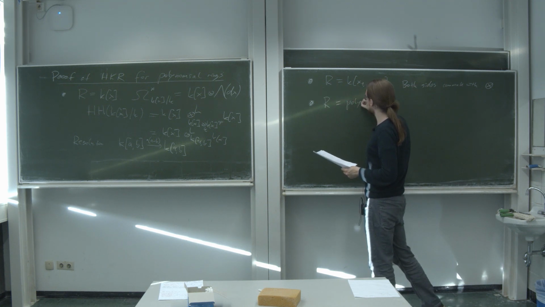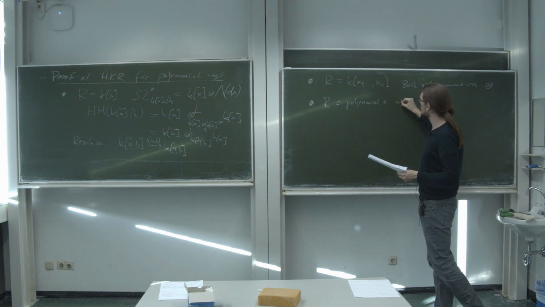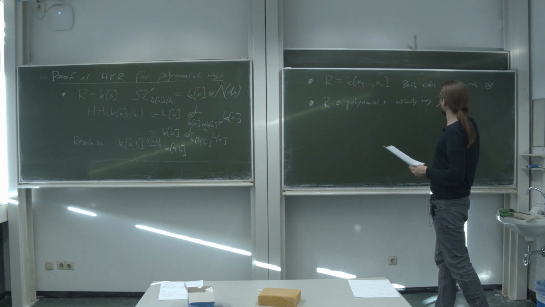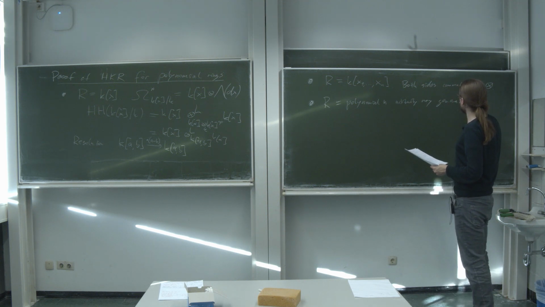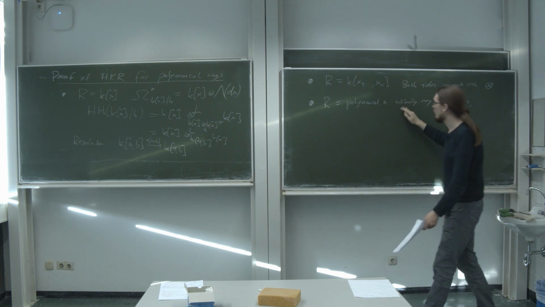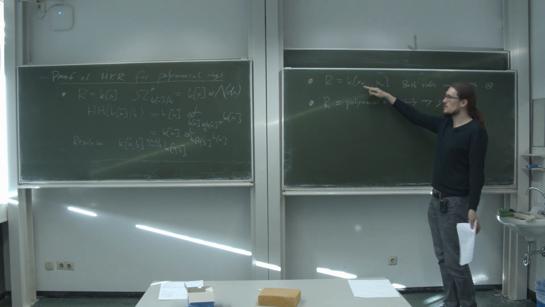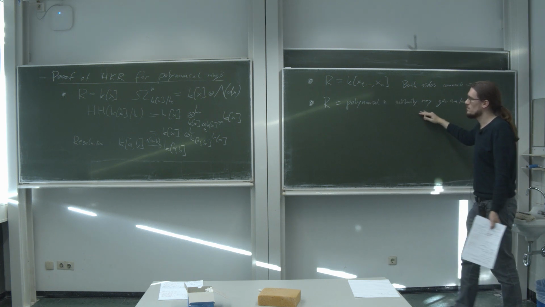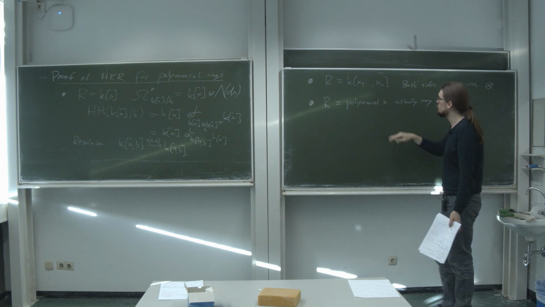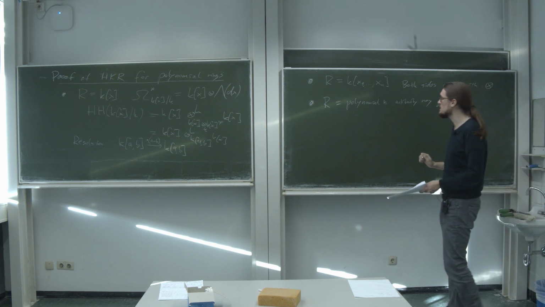So if R is polynomial in arbitrarily many generators, then we can just write this R as a filtered colimit over polynomial algebras with finitely many generators, by writing the set of generators as a filtered colimit of its finite subsets.